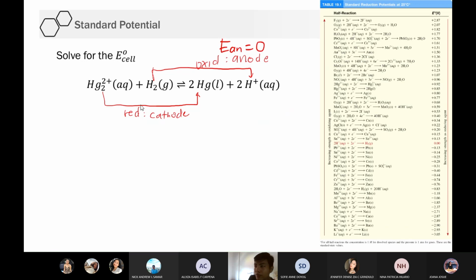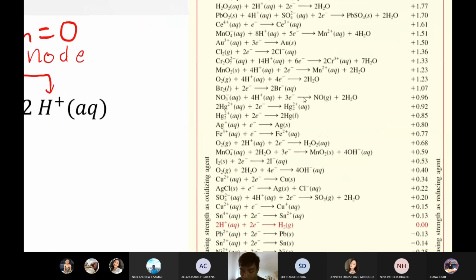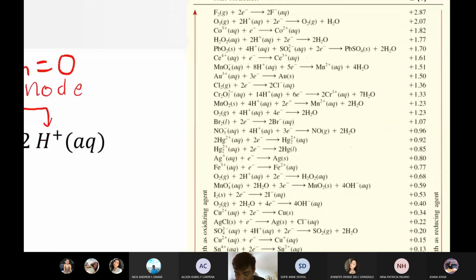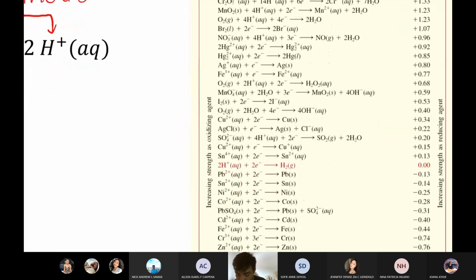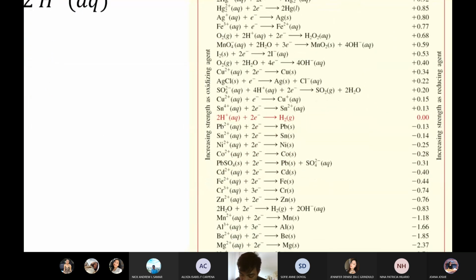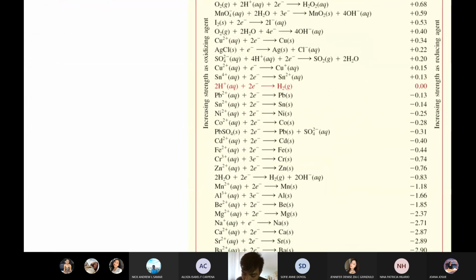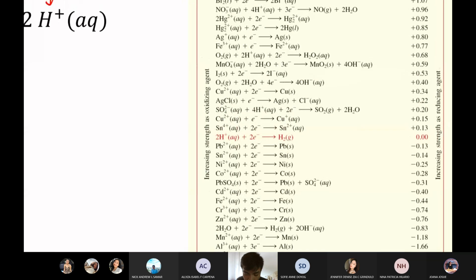Then for the cathode, hanapin mo to Hg2 2+.